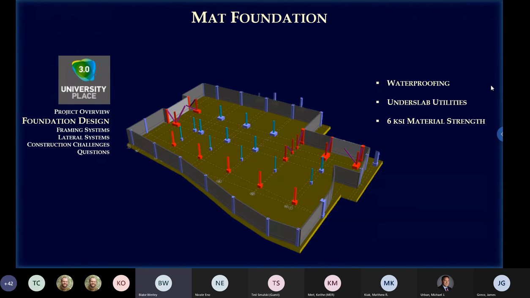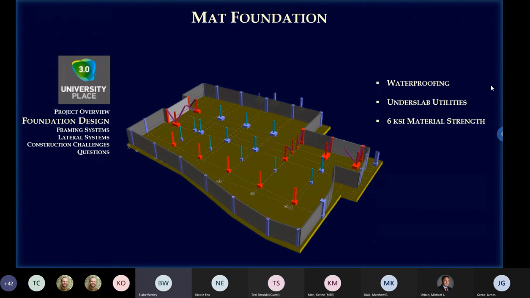This mat foundation was lowered about 3 feet below the basement slab, and that allowed for our drains and utility space to also not penetrate the waterproofing layer. And we had a thin basement slab on top of this mat foundation, plus a 3-foot interstitial space of utility drains, and then a thin basement slab above that.